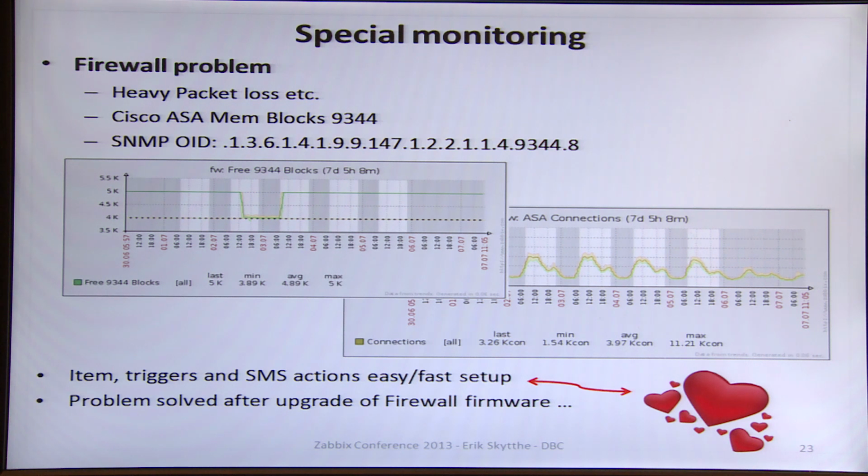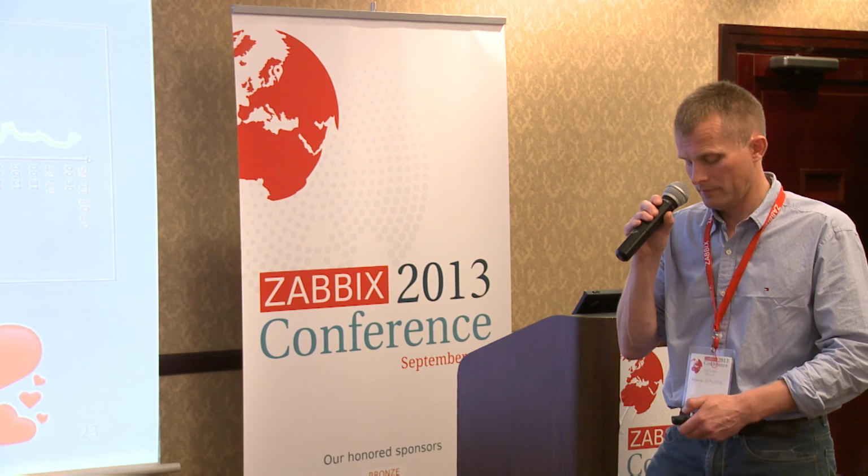In this case, an upgrade of the firmware helped. But again, what I love is that it was really easy to make the trigger and Zabbix actions, to get the operation going in a really fast way.